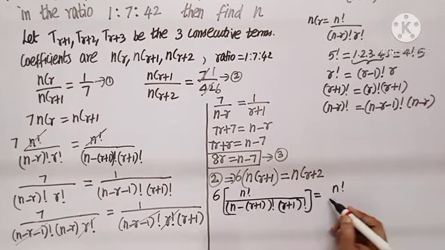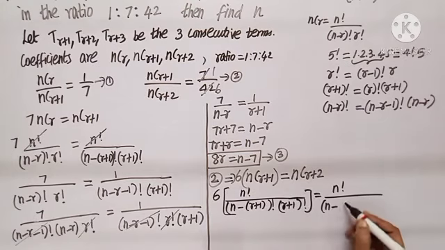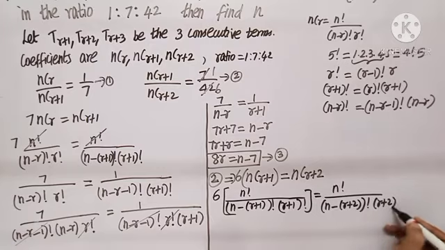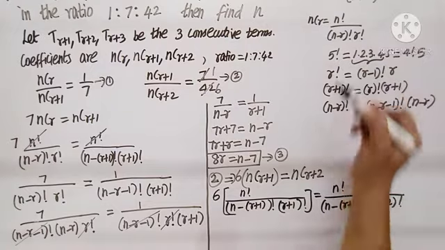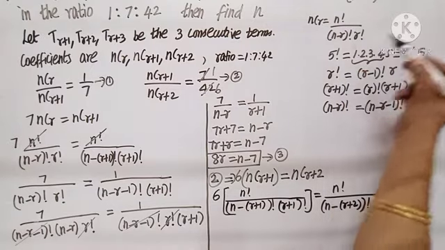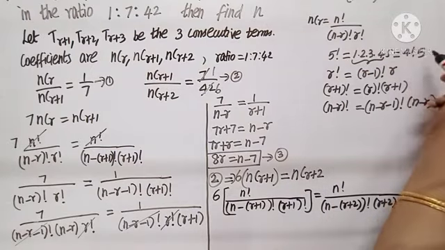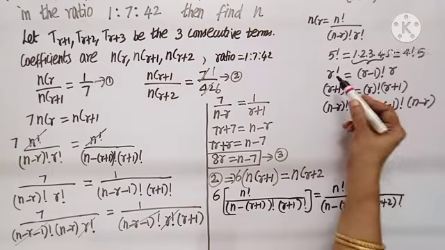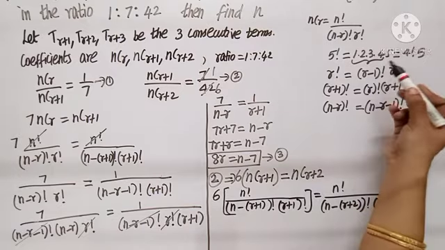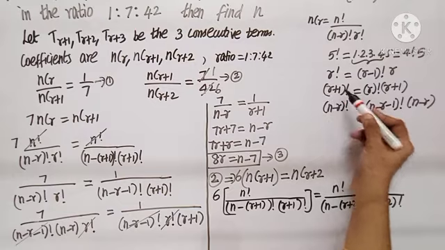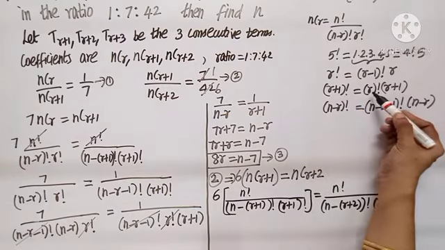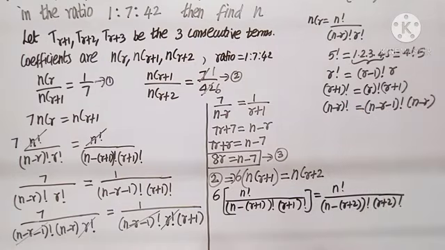RHS: n factorial by (n minus r minus 2) factorial into (r plus 2) factorial. Again we use the same idea. The bigger number, I can write previous number factorial into that. So what is r factorial? (r minus 1) factorial into r. So what is (r plus 1) factorial? r factorial into (r plus 1).